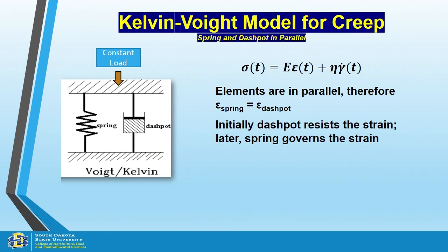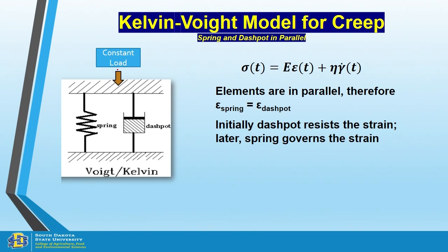On the other hand, if the food material has a spring and dashpot in series, what you do is apply a constant deformation and then monitor the stress. Here you are monitoring the strain for a constant force. When the elements are in parallel, the strain in the spring is equal to the strain in the dashpot.